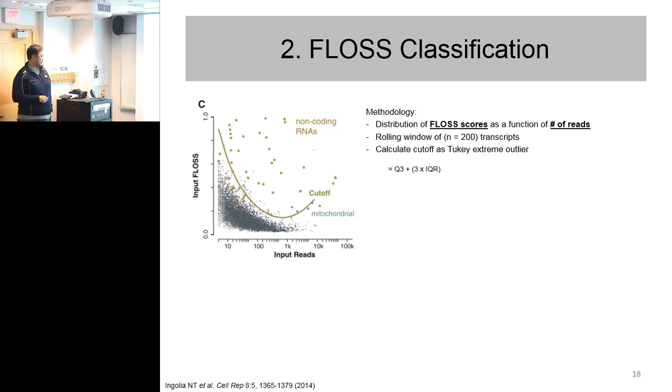But nonetheless, their idea is that as long as their FLOSS score as a function of their input reads followed a certain distribution, they called it a protein coding gene. And their published accuracy using this method: they claimed they were able to recover 99.6% of protein coding transcripts.